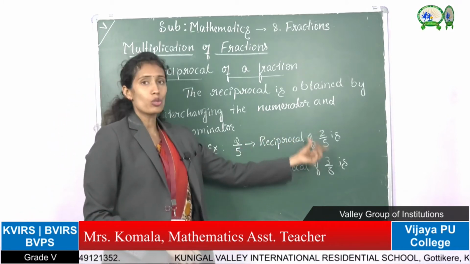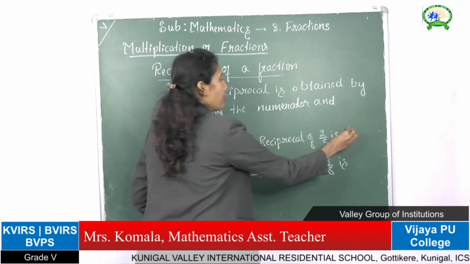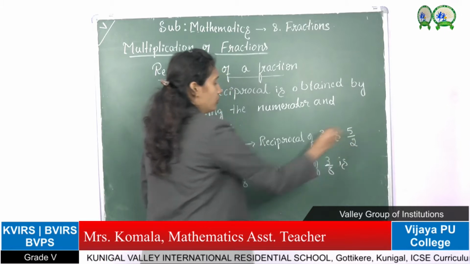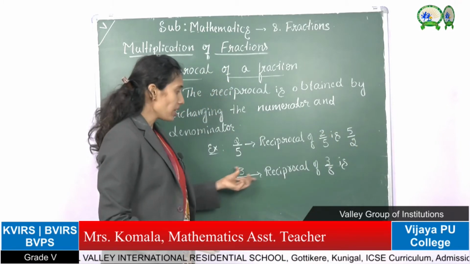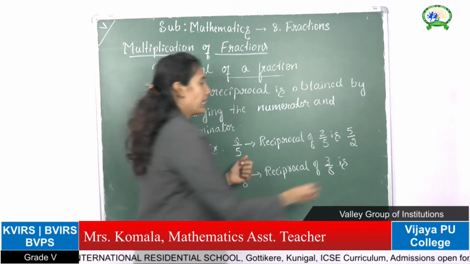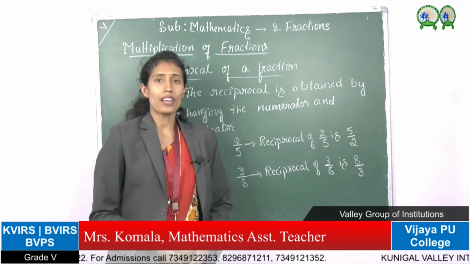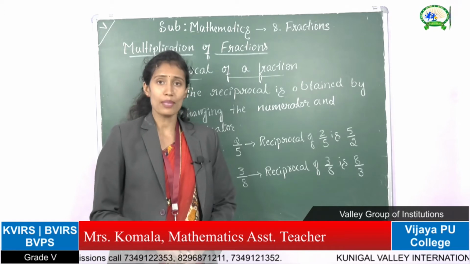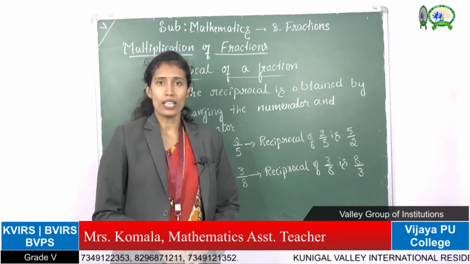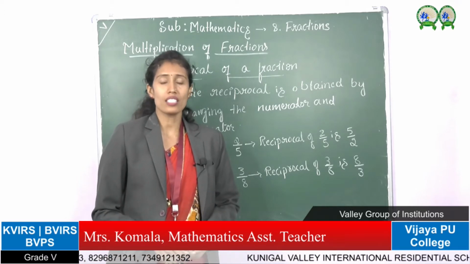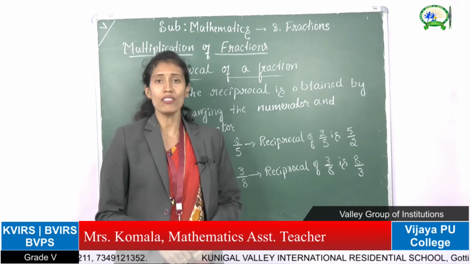The reciprocal of 2 by 5 is 5 by 2. Similarly, the reciprocal of 3 by 8 is 8 by 3. And the product of fraction and its reciprocal is always 1. And the reciprocal of a fraction is also called multiplicative inverse.